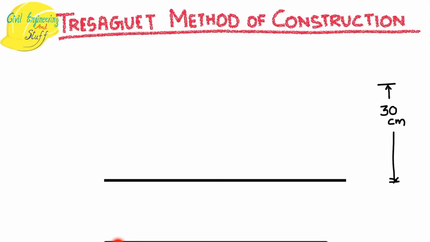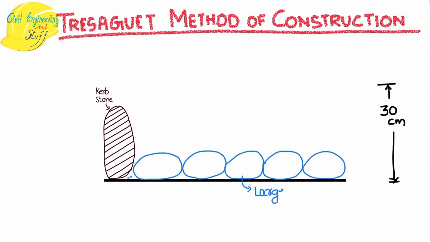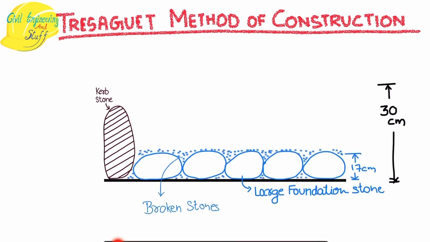All right. So in the Trusgate method of construction, the thickness was limited to 30 centimeter only, and at the edge we had the curb stone, and then at the bottom large foundation stones were provided, whose thickness varied to 17 centimeter, and the voids were filled by small broken stones.